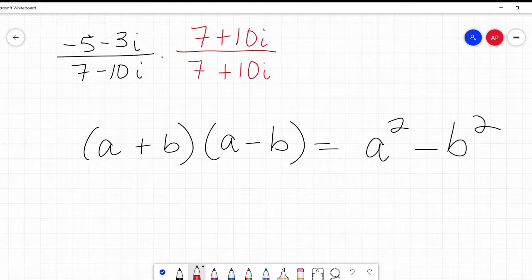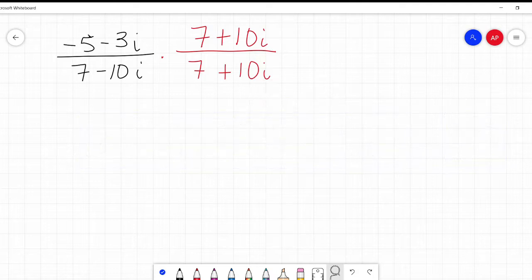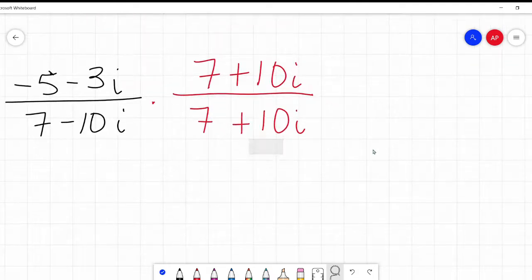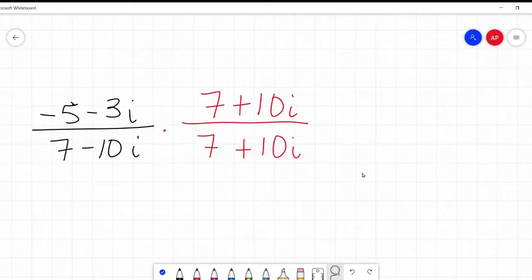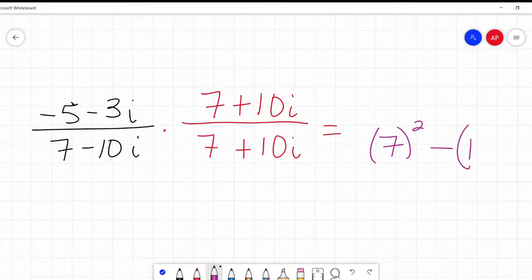Why is this so helpful here? Well, let's see what happens when I multiply 7 minus 10i times 7 plus 10i. I'm going to use my knowledge of difference of squares because I'm fancy like that. A squared, or the 7, that's 7 squared, minus b squared, or b is 10i squared. I'm not going to deal with the top.